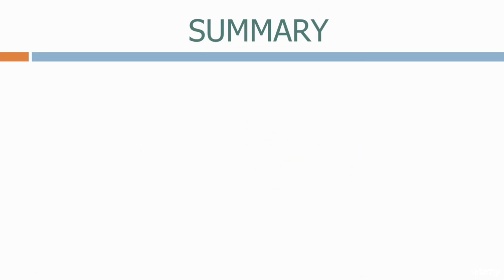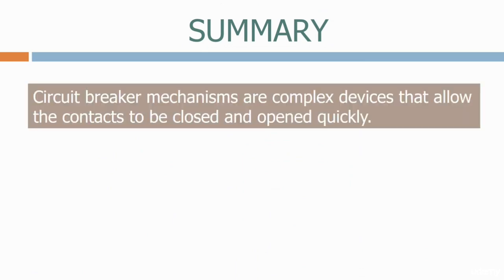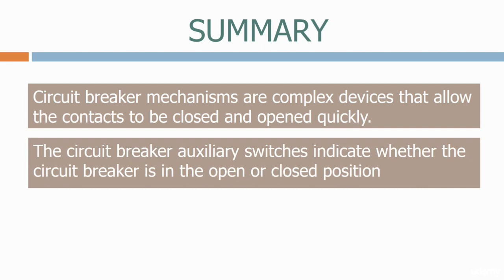Let's summarize what we've learned today. Circuit breaker mechanisms are complex devices that allow the contacts to be closed and open quickly. The circuit breaker auxiliary switches indicate whether the circuit breaker is in the open or closed position.